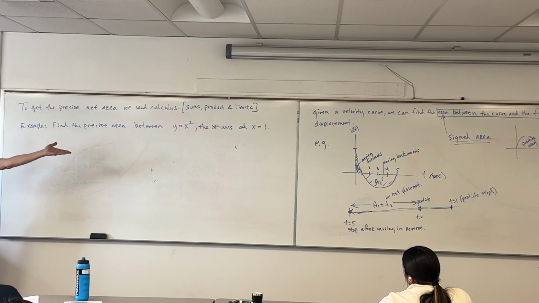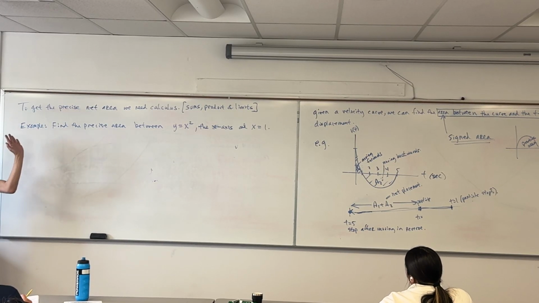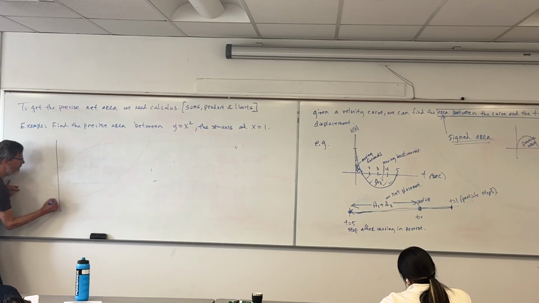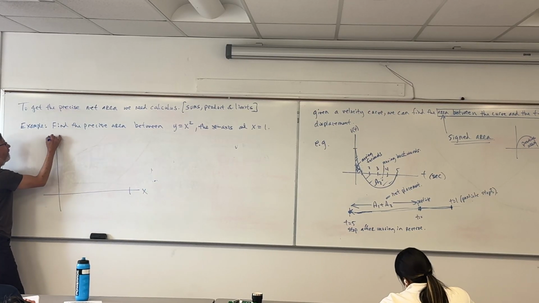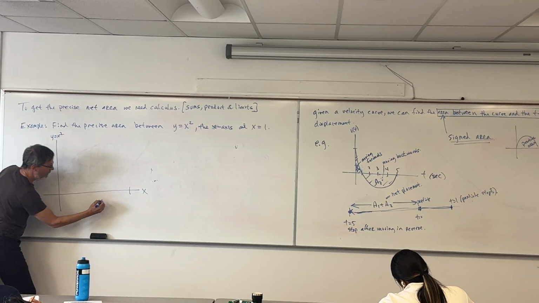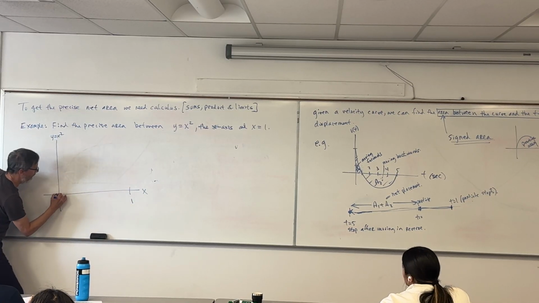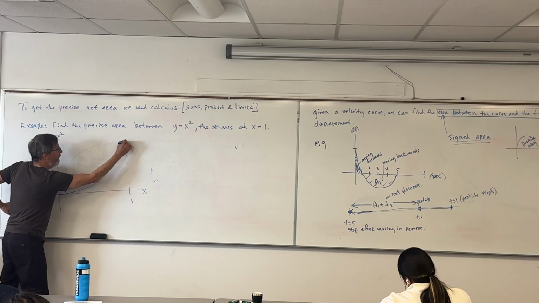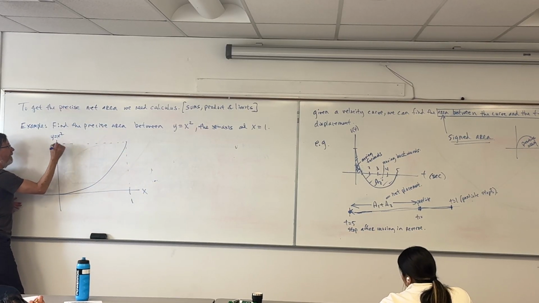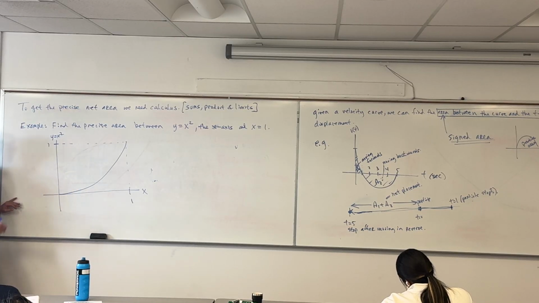Parabola, horizontal line, and a vertical line. Here's x, here's y equals x squared, here is 1, and here is my parabola. So that guy right there is 1 squared, so it also ends at 1.